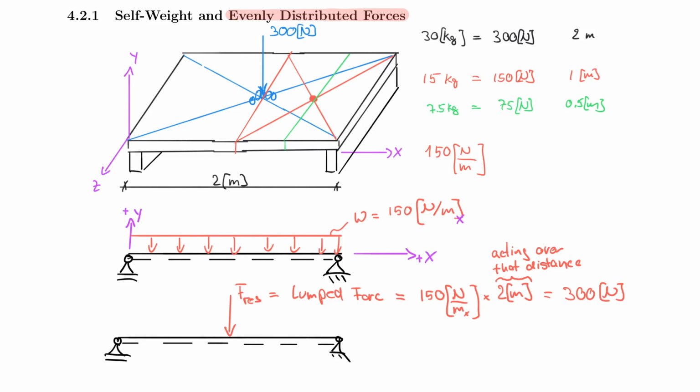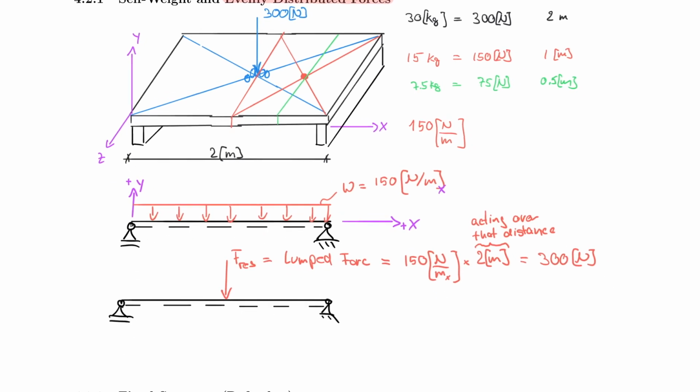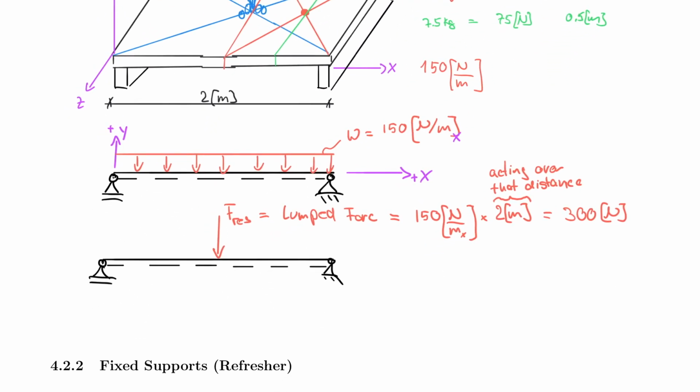But for now, what we're left to do is, how do we calculate these support reactions? And in this case, it's super simple because we used a symmetric system, but let's go ahead and explain that in terms of the distributed forces. So if I were to calculate RAY and RBY, then I would say that because it's a symmetric system, I actually have half of the lumped force, each. And you already understand this from when we took the table apart.